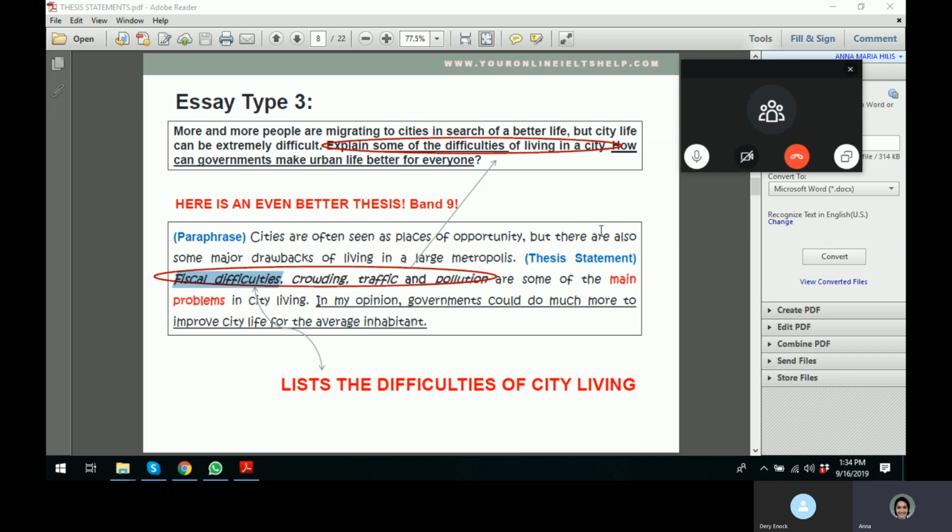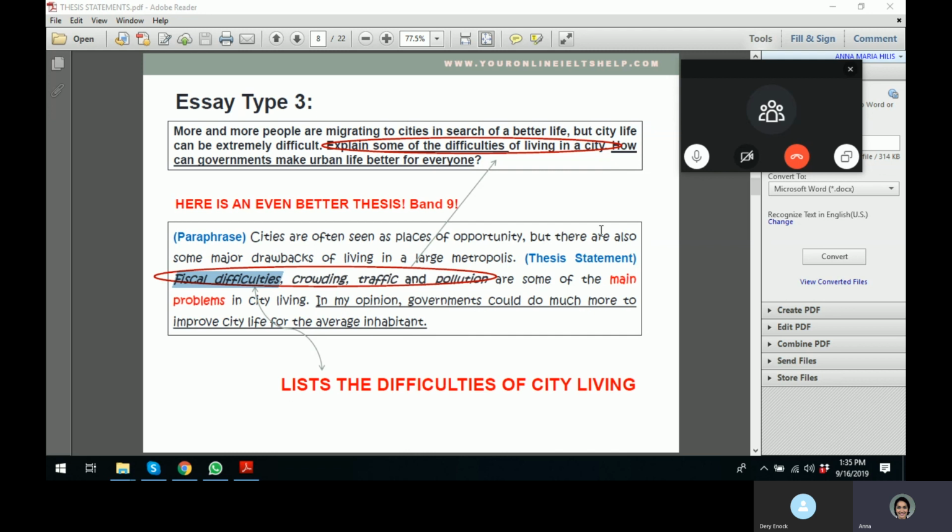But if this is something that's difficult for you to discuss, maybe choose another difficulty. Do not discuss fiscal policies if this is difficult for you. But you know, when you discuss this in your essay, you're going to give your examiner an idea that this candidate can discuss fiscal policy. So that's a good thing, right? Okay, so again, say improve fiscal policies by improving taxes or rules and regulations regarding taxes or policies regarding taxes.